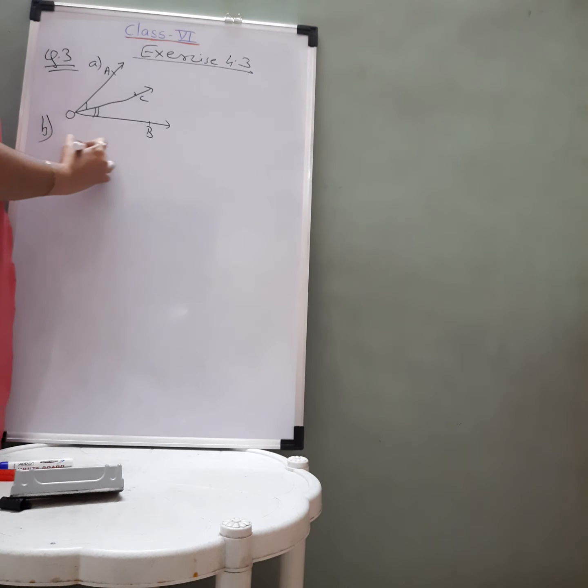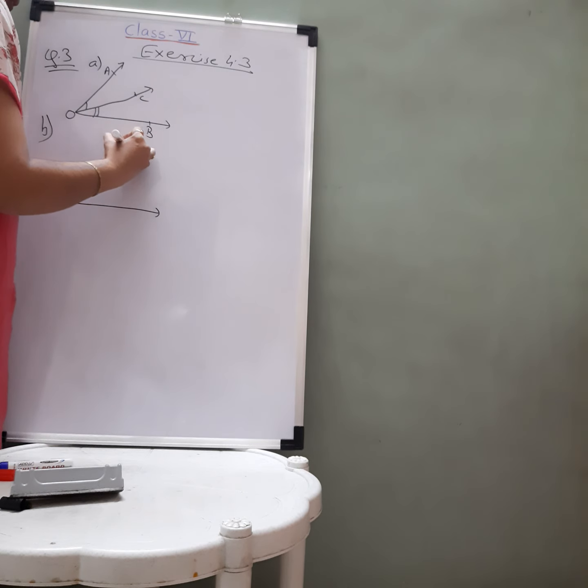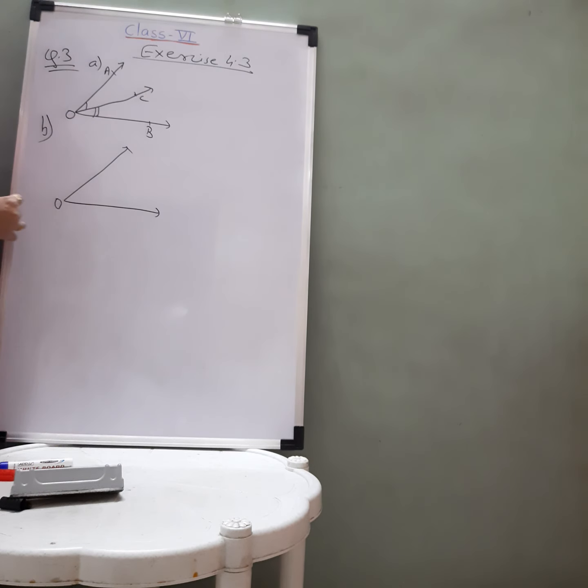So if you draw the angle like this, so here it has point O. Suppose I name it as P, Q, and if I draw a ray through this point P, ray PR, then you will get the two angles having 2 points in common.